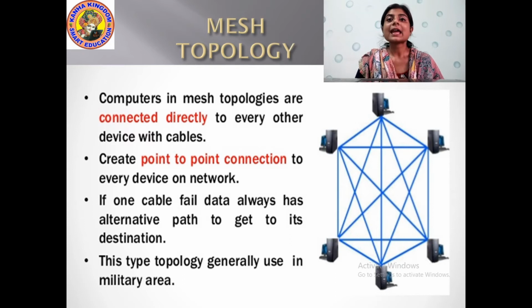This topology is generally used in military areas to receive information or data. When a single cable is disturbed, the data transfer will not stop. It will choose another cable to receive or send data.